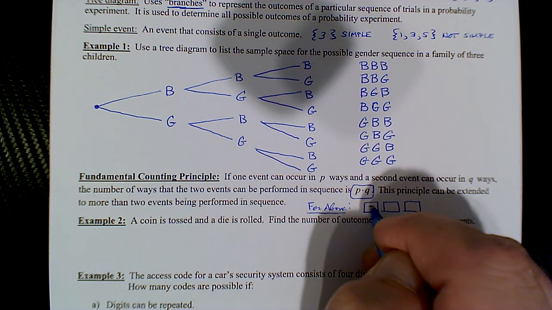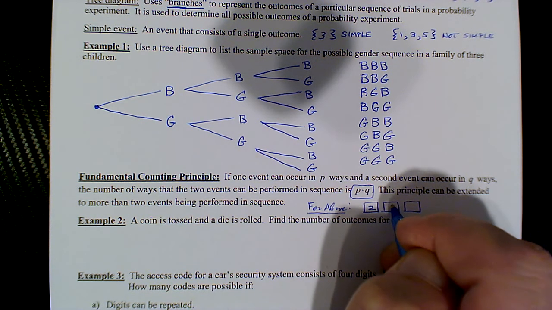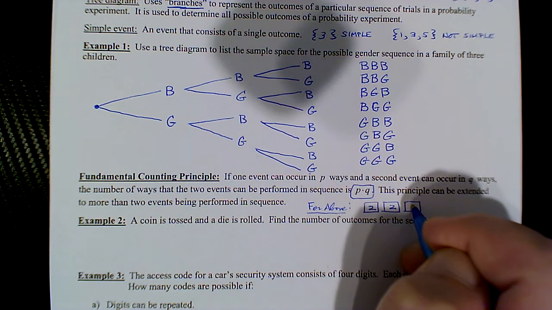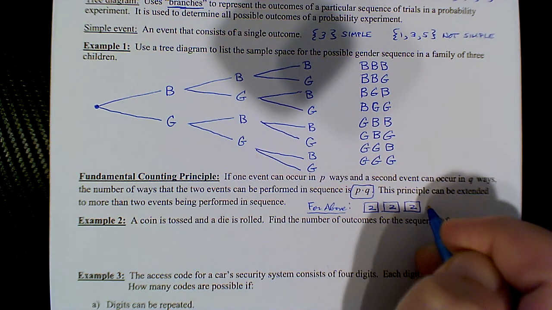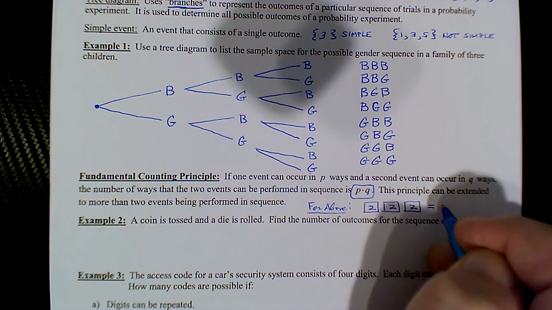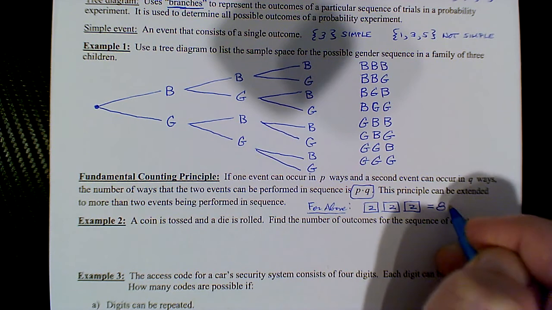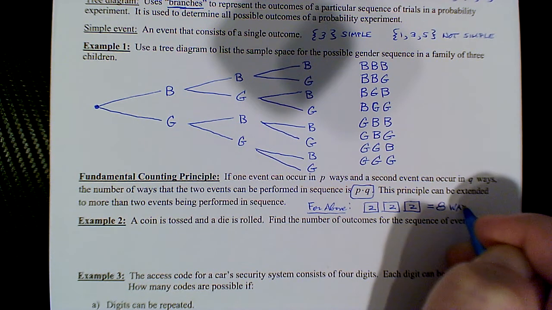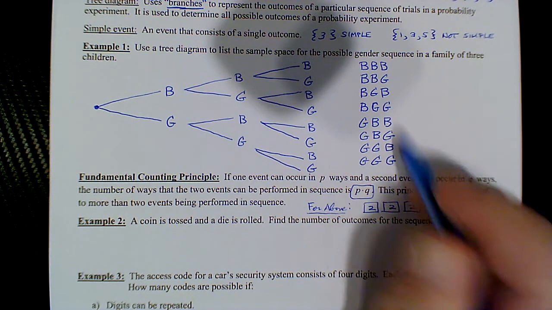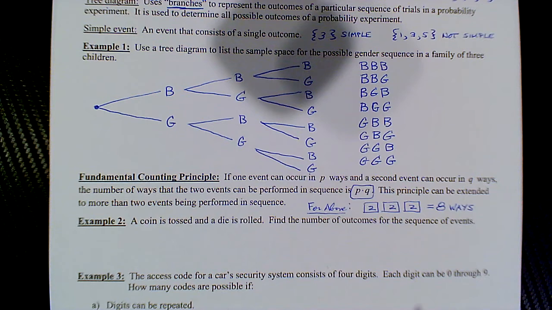So the first time you can have one of two choices, boy, girl. Second time, two choices, boy, girl. Third time, two choices, boy, girl. Multiply those together, and we get 8 ways. And you could verify by counting up the number of outcomes.